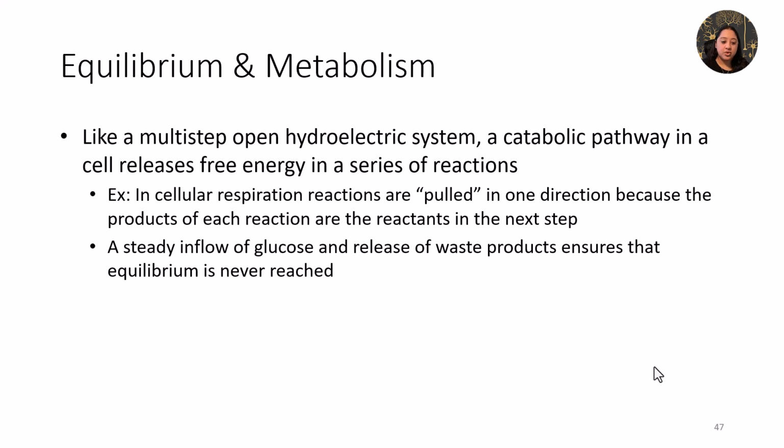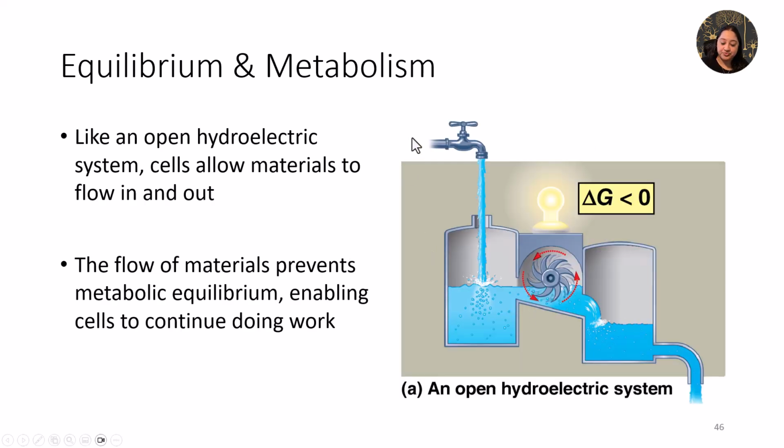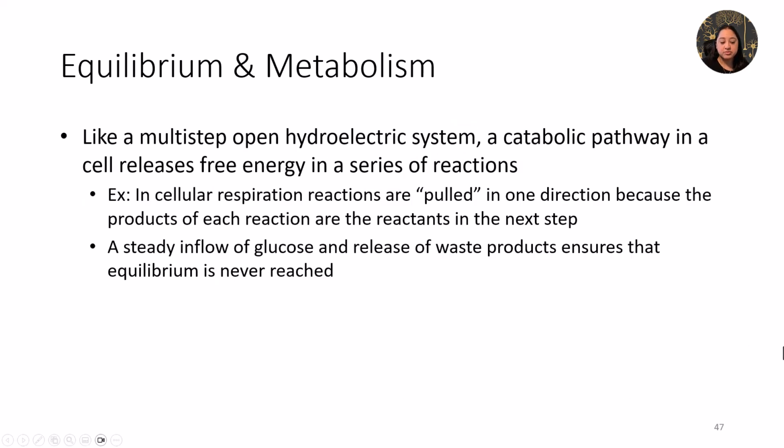And so that's just one system, even if it's open. But like a multi-step open hydroelectric system, so if there was more than one of these and it was open to each thing, a catabolic pathway in a cell releases free energy in a series of reactions. So in cellular respiration, there's actually a bunch of different reactions.